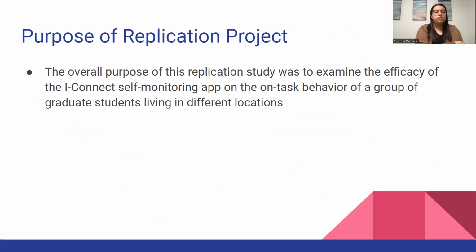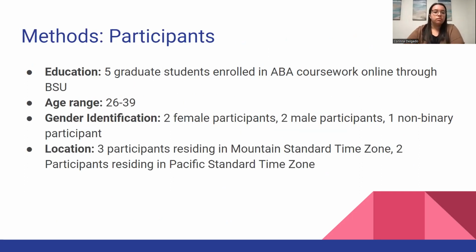So the purpose of the replication project was to examine the efficacy of a self-monitoring app, which for our study was the iConnect app, on on-task behavior for a group of, in our case, graduate students living in various locations. The participants for this study were 5 graduate students enrolled in specifically ABA coursework online through BSU.